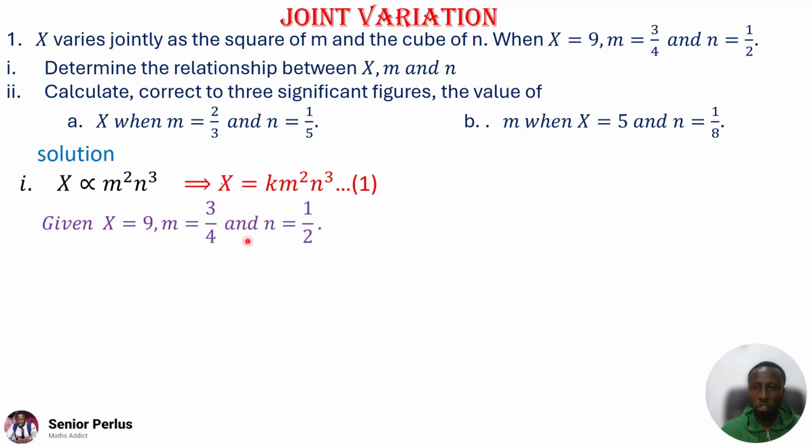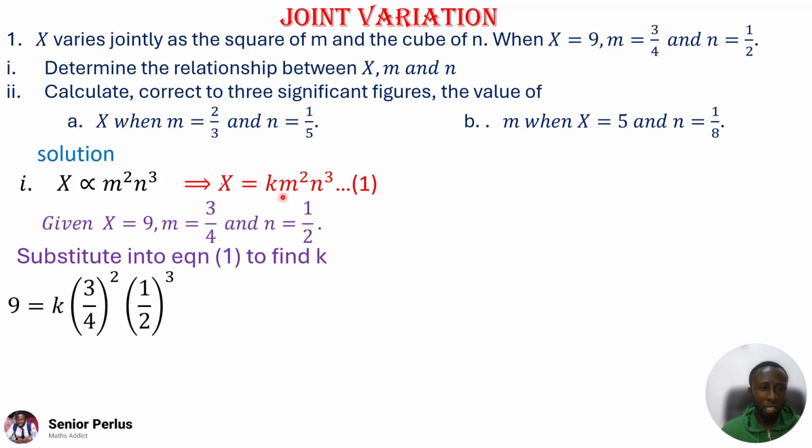Just substitute these into the equation to find K, as we did for the previous direct and inverse variation. S is 9, M is 3 on 4, and N is 1 on 2. You just do the substitution, then you solve. The square is affecting 3 and 4, so we are dealing with indices.